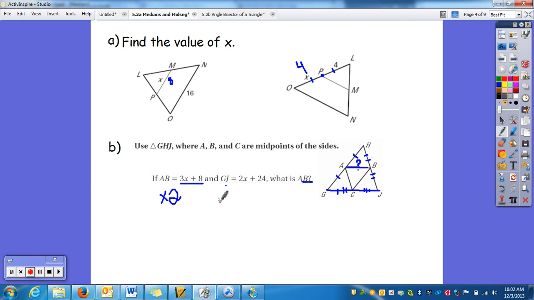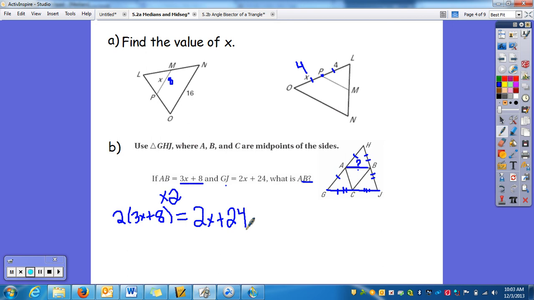So I can set up an algebraic equation to help us solve. I can do 2 times 3x plus 8, because if I double AB, that gives me the entire length of GJ, equals 2x plus 24.